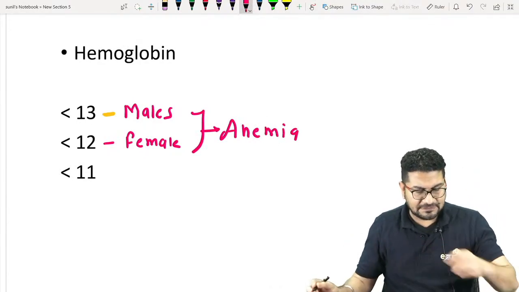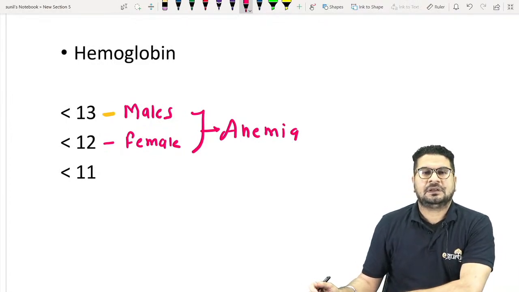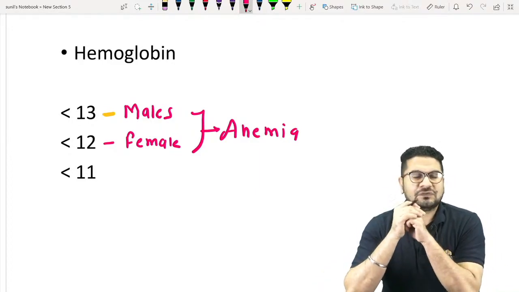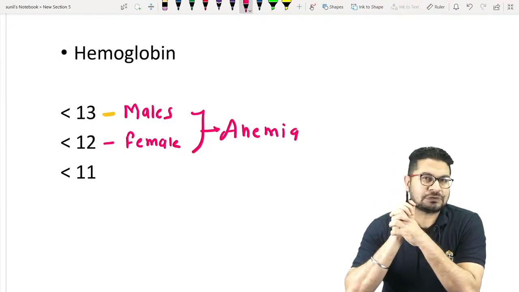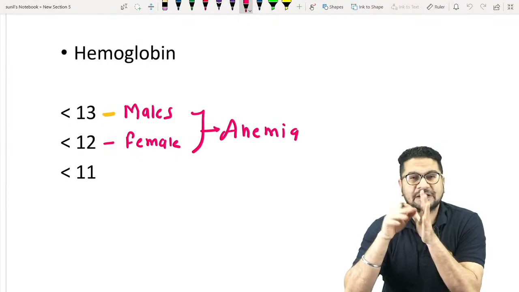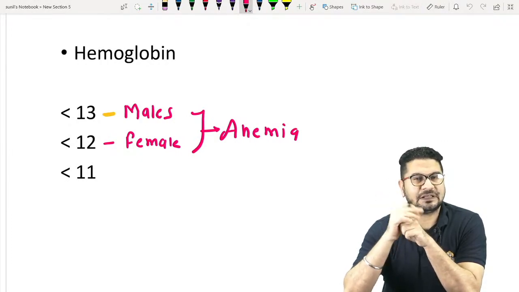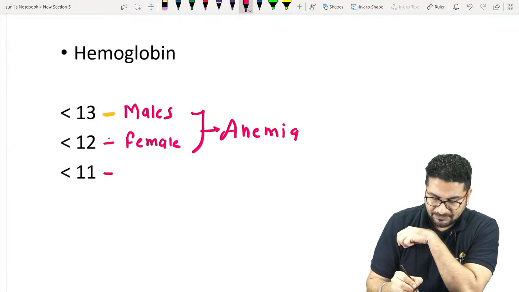So anemia is defined as decrease in hemoglobin, less than 13 in males and less than 12 in females. Now just understand this. WHO was doing a survey. What they noticed, most of the Indian females have hemoglobin in the range of 10, 9.5, 11. And they noticed these Indian females don't have much symptom.